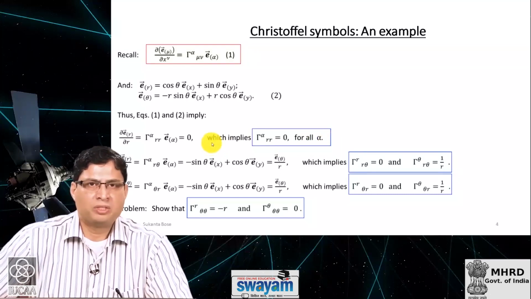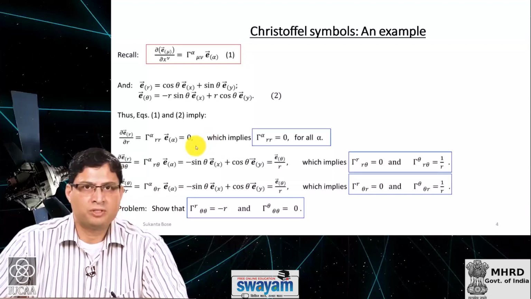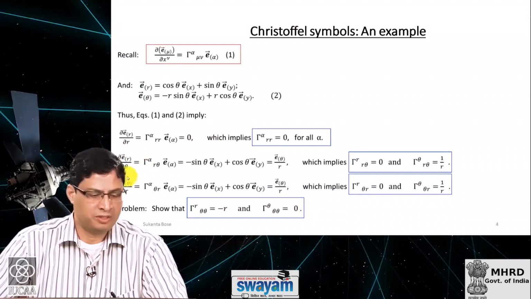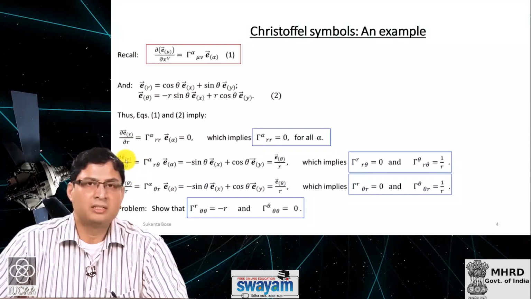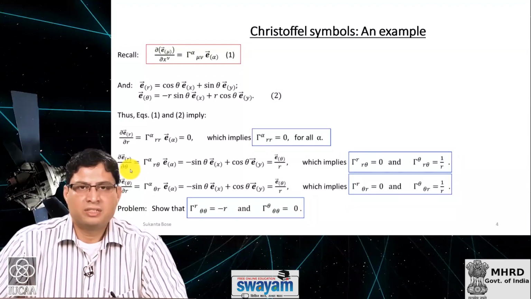Let us work with this a little more until we get completely comfortable with Christoffel symbols and how they can be deduced by taking derivatives of basis vectors. So in the second instance, I take the derivative of Er again, but now with respect to theta, the angular coordinate. What is it in terms of the Christoffel symbols? We know how to get that.